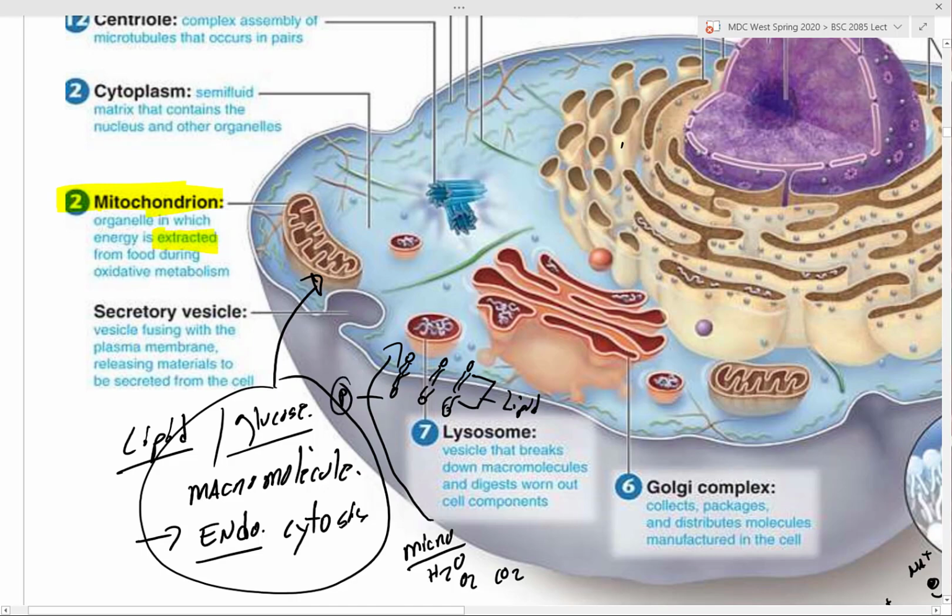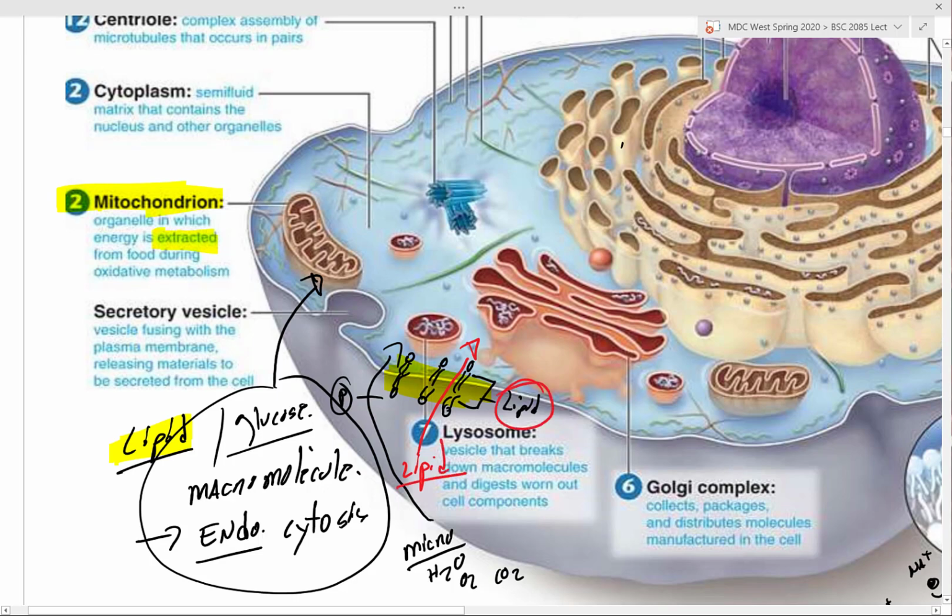So what does that tell you? That anything that is lipid soluble, which is most of the span of the bilayer, is able to do what? Guys, most of the lipid molecules are able to go freely through. Why?